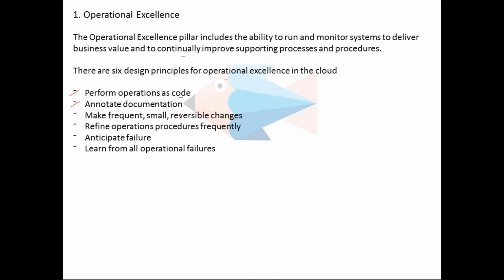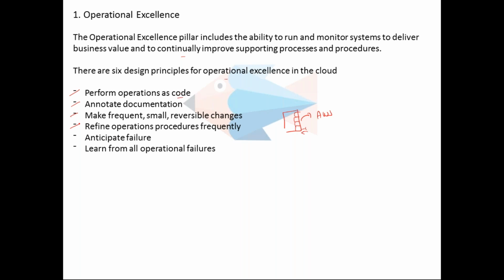So for every build, it creates a document for you so that you can use it. And make frequent small reversible changes. So for example, if you want to migrate the whole thing to AWS, do it in parts. Even if one part fails, you can reverse it easily. But if you're trying to migrate the whole thing at a time, if it fails, it is a big failure.